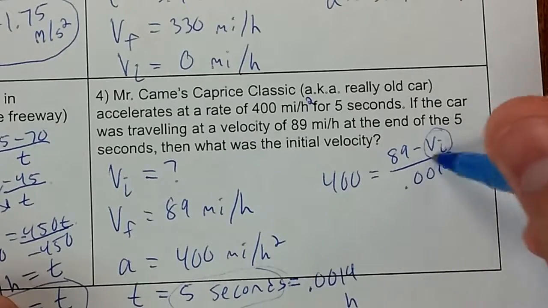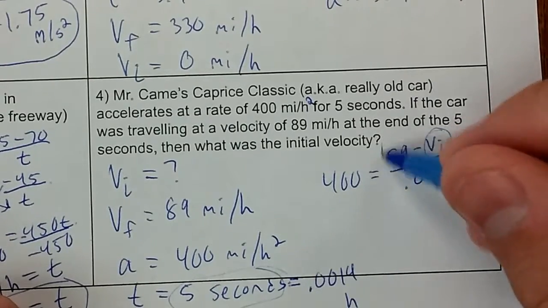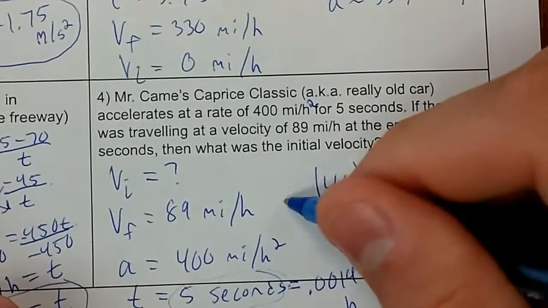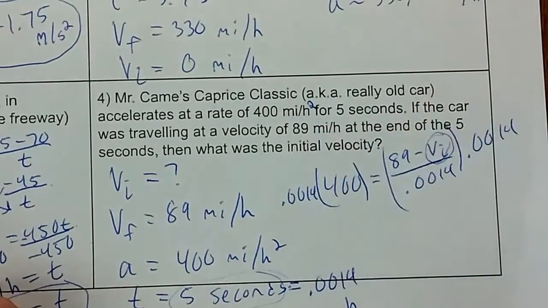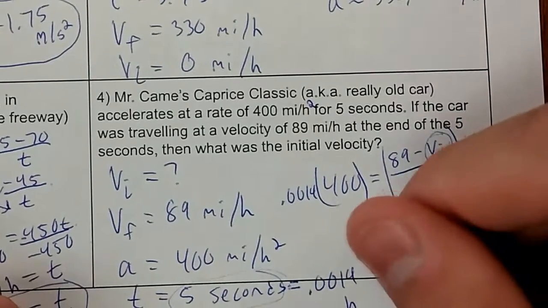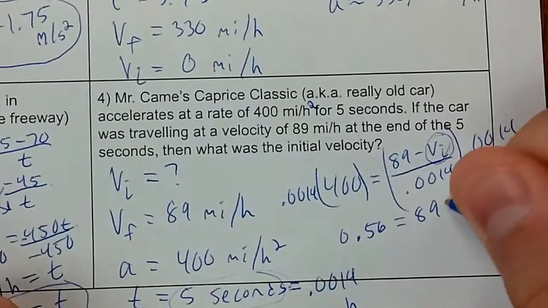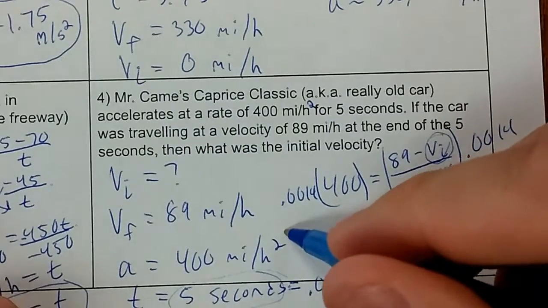All right, so we're solving for velocity initial here. We're going to multiply both sides by the denominator to get rid of it. You get 0.56 on this side, and then 89 minus initial velocity.